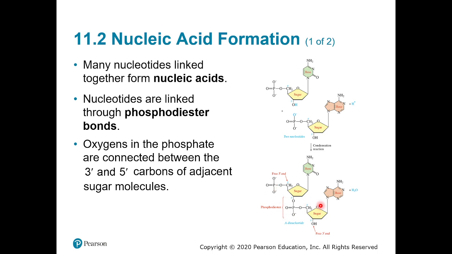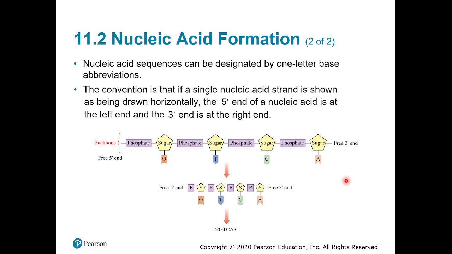Isn't that nice? Everything's consistent. Again, the oxygens in the phosphate are going to be connected between the 3' right here on that one, and then the next 5'. And so whenever we read a DNA or RNA, we always refer to the ends as 3' and 5'. Okay? And that tells us which side we're on.